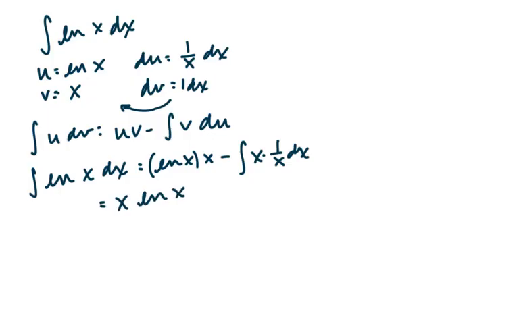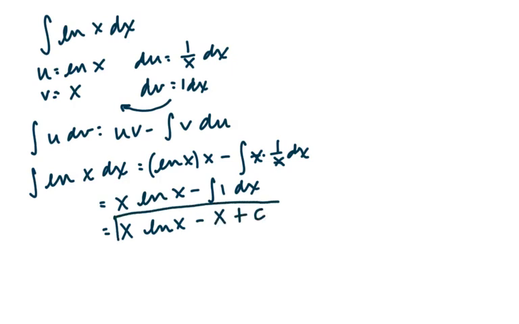Remember your properties of logarithms. That is not natural log of x squared. It's x natural log of x minus, now these cancel, so we really have the integration of 1 dx. So we have x natural log of x minus the integration of 1, which is just x, plus c. There are people who like to memorize the antiderivative of natural log of x, but it's really not that difficult to come up with. So it's just something you need to work through when you see it.